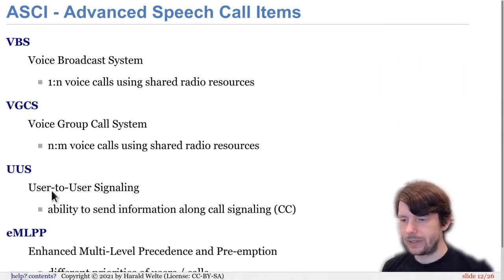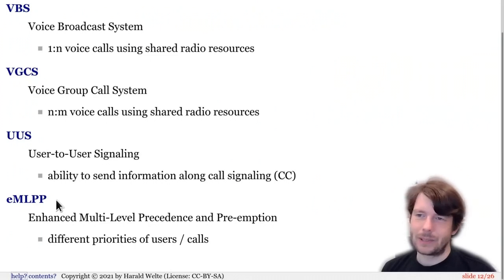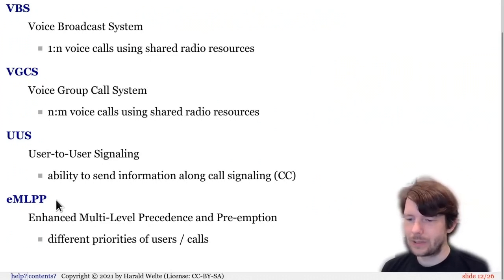We have user-to-user signaling, as I mentioned already. It's the supplementary service that's associated. And we have also what's called eMLPP, the enhanced multi-level precedence and preemption. I've seen that many cases in the specs and was always wondering what this is all about, because it's never used in any of the commercial GSM networks. But once I looked at GSM-R, it was clear it was added for that.